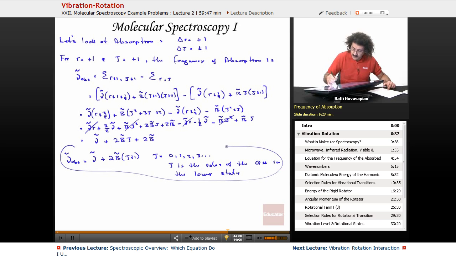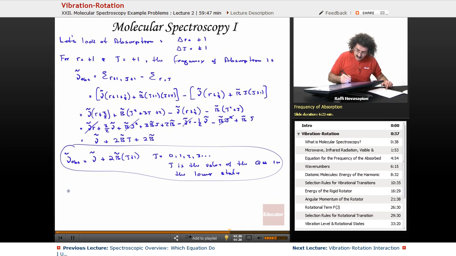This equation, for the different values that J takes on, what I expect to see in the spectrum is this. I expect to see a frequency at this fundamental vibrational frequency plus 2 times this rotational constant times whatever the J value happens to be in the lower state. I expect to see a line there.